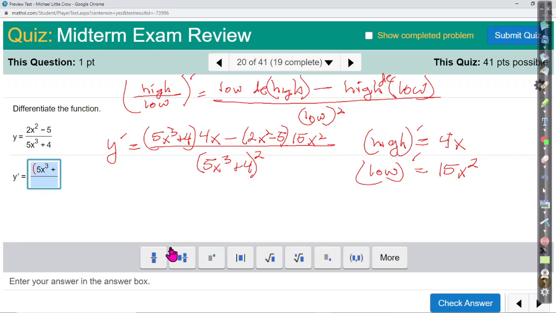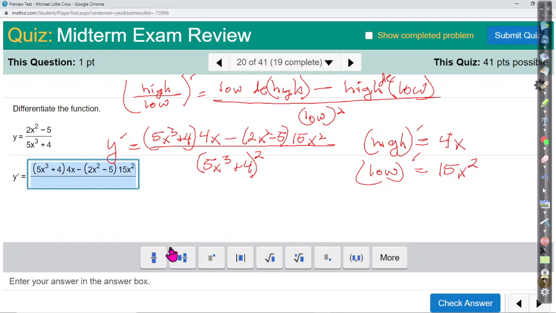Let's see, plus 4. That's it. And then 4x. And then we got minus parentheses 2x squared minus 5, and then that's just times 15x squared.